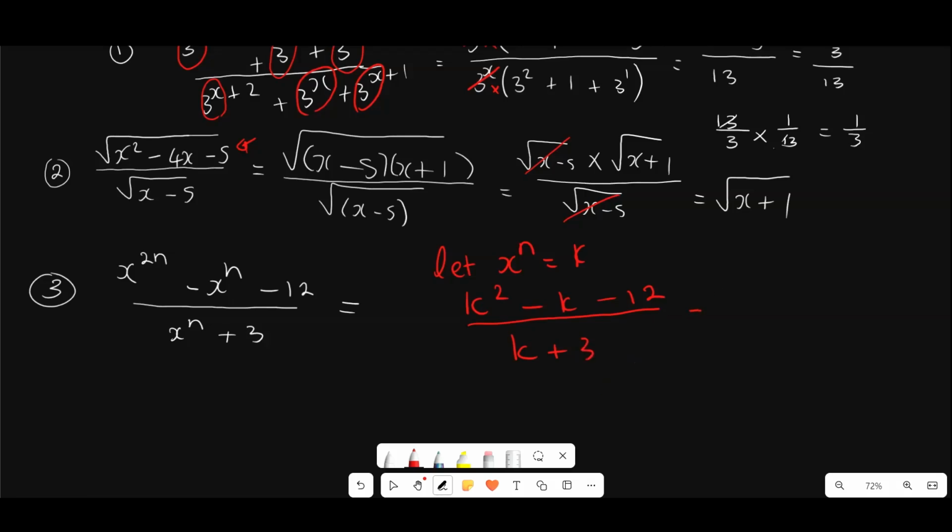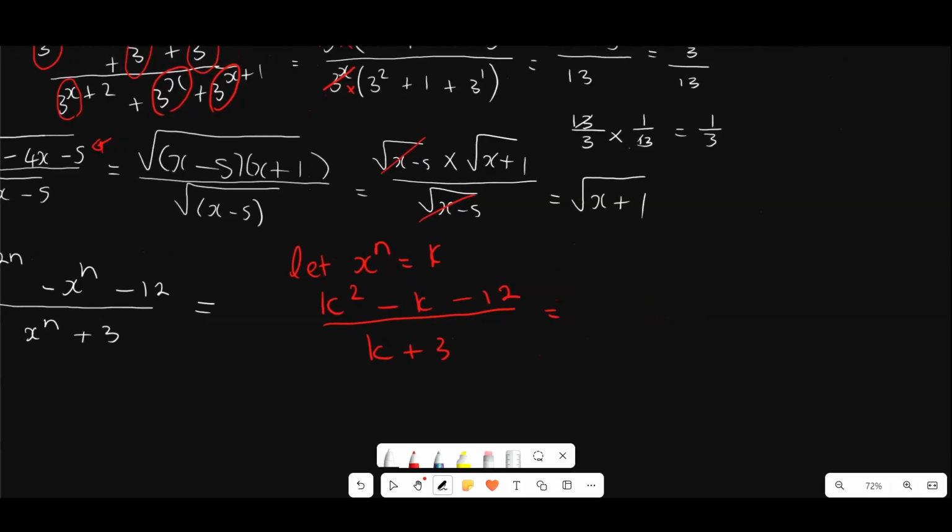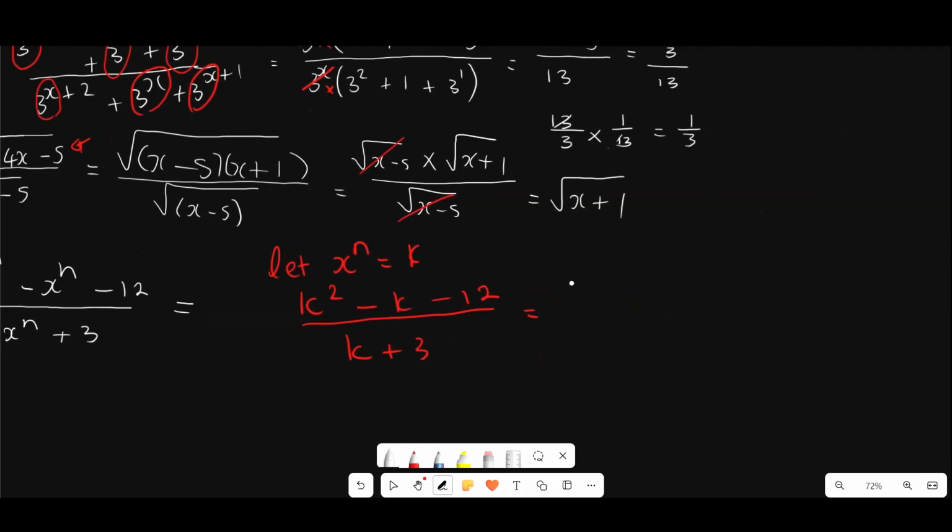Okay, so now the next thing to do is, of course, whenever you have a quadratic equation, make sure that you factorize the quadratic equation.